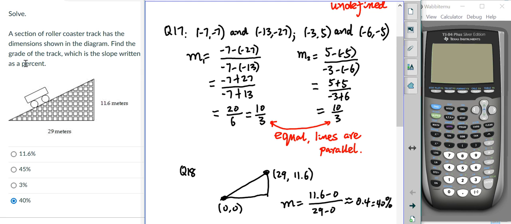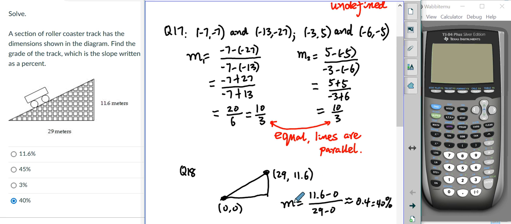We want to find the grade of the track, which is the slope written as a percent. We may think this point is on the origin, (0, 0). The horizontal distance from this point to the origin is 29 meters, marked right here. And the vertical distance is 11.6. That will be this one.